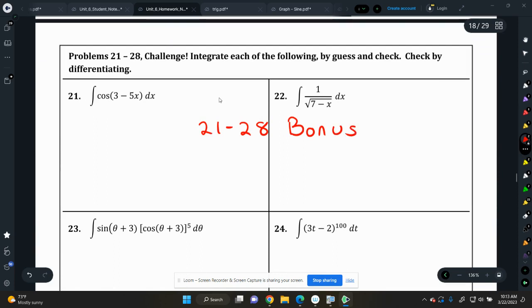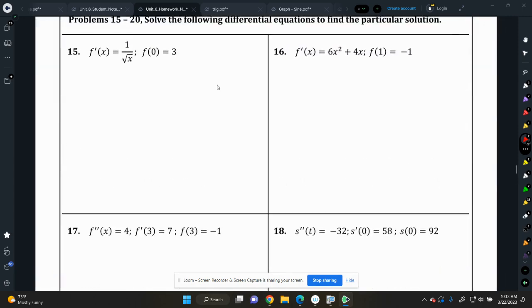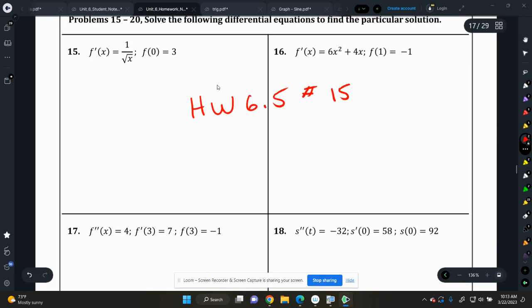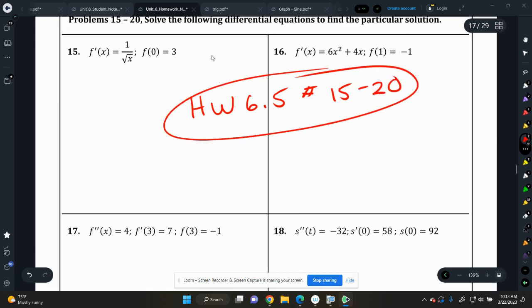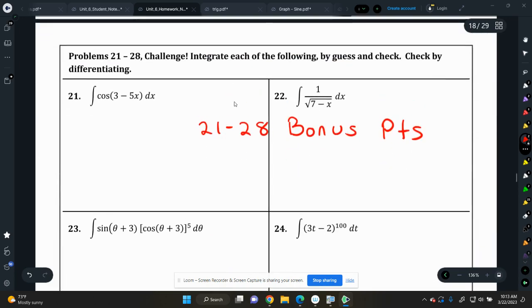They will count as bonus points. 21 to 28. Your homework is 15 to 20, still section 6.5. And then for bonus points, you're going to do 21 to 28.